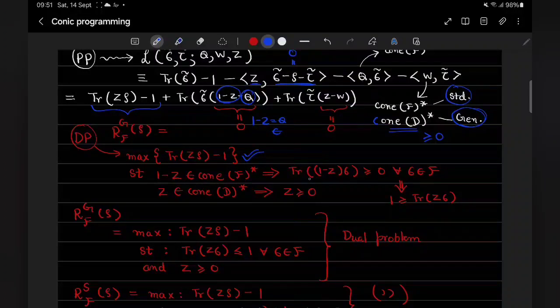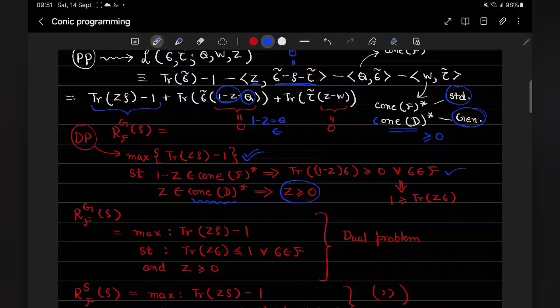It simply means that trace of 1 minus z times sigma is greater than or equal to 0 for all sigma belonging to the free states. Similarly, we have z belongs to cone D star if we are dealing with the dual problem of generalized robustness, where the noise is from the entire set of density matrices, and this gives that z is greater than or equal to 0.